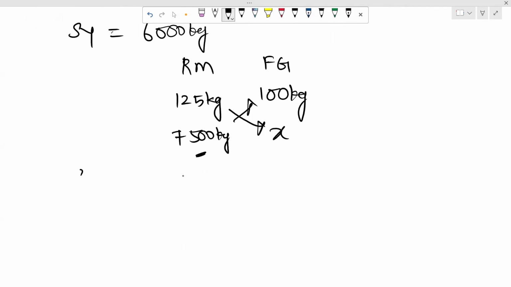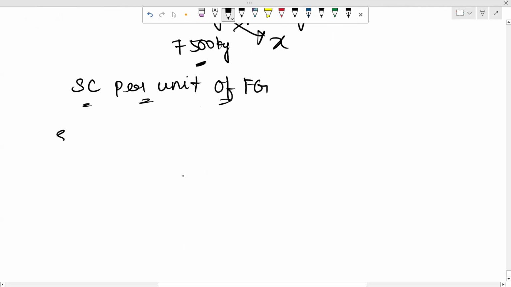Next, the third component of the formula is standard cost per unit of finished goods. First, let's calculate the standard cost. The formula for standard cost is standard quantity into standard price. But in this question, we have three different types of raw material.